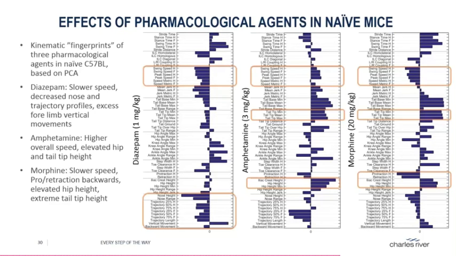And for amphetamine, as higher overall speed, as well as elevated hip and tail tip height. As observed, for morphine, the most prominent feature was the extremely elevated tail. However, kinematic analysis shows also decreased retraction and protraction, increased hip height, and decreased speed.